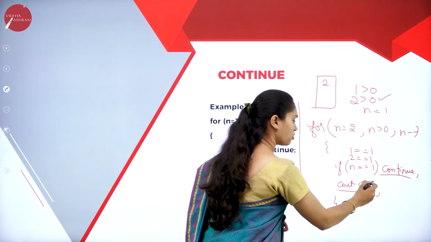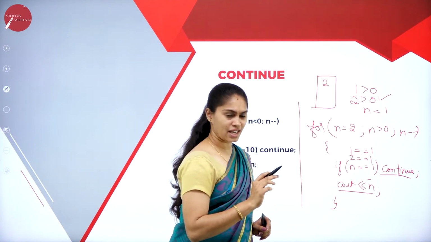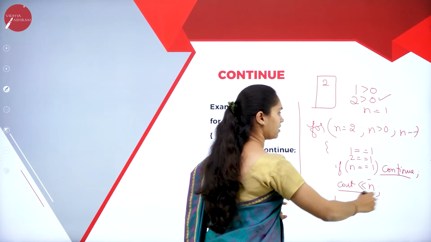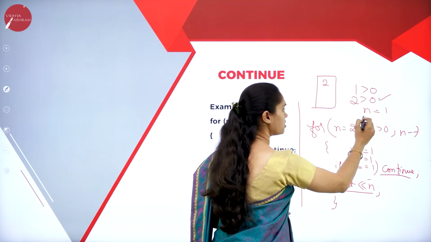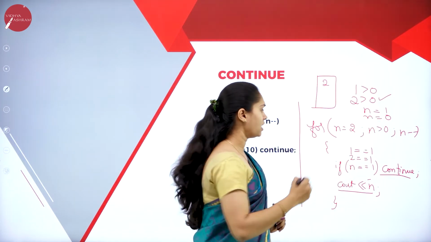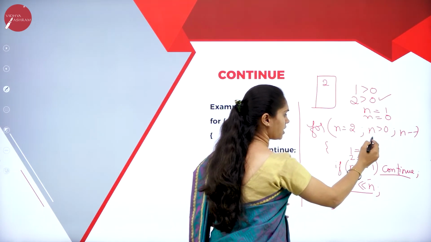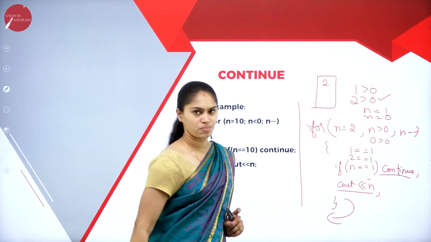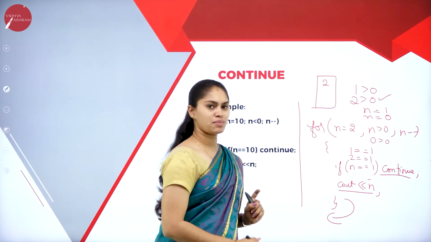At that time I am not going to display the value of n, that is, the value 1. Again it comes to n minus minus, and n becomes 1 minus 1, that is 0. Here I check n greater than 0, but 0 is not greater than 0, so it comes out of the loop. It displays only 2.